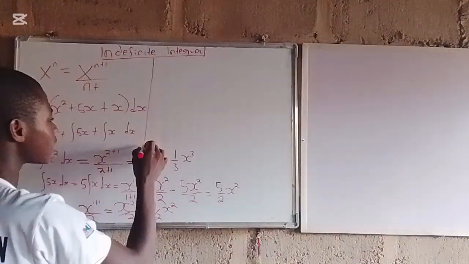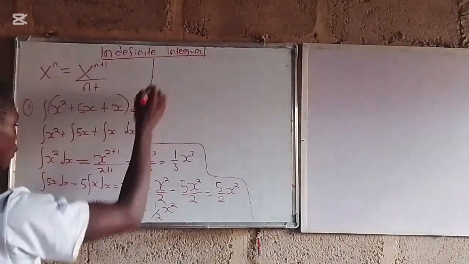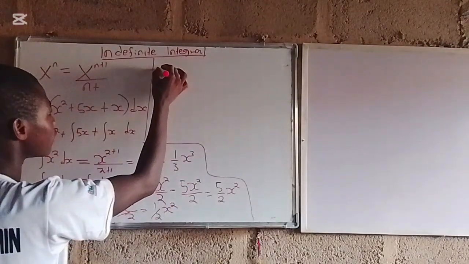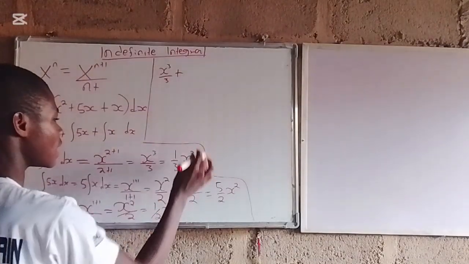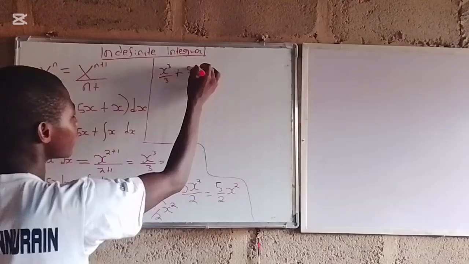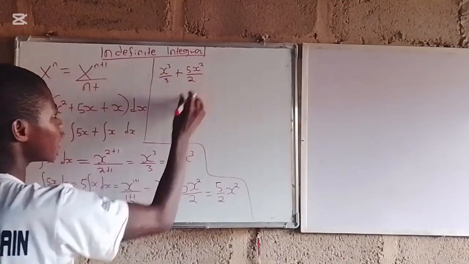So at the end, the final solution for this should now be equal to the integration of this. I have, let's say, x cubed by 3 plus 5x squared by what? By 2.